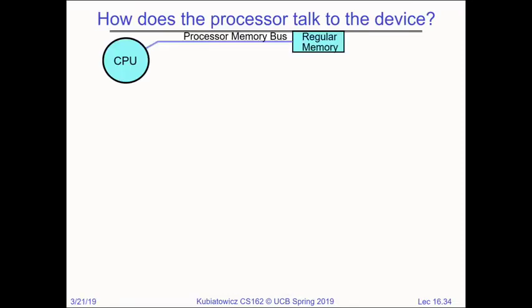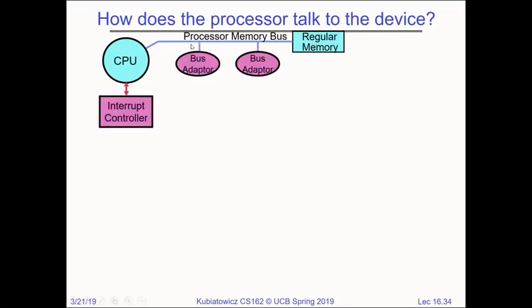Let's talk about something simple. For instance, if somebody were to ask you at a party, again, I'm trying to help you with your social life here, how does the processor talk to the device? What are you going to say? Well, you might say, I know that the CPU talks to memory through a memory bus, and maybe there are some adapters.